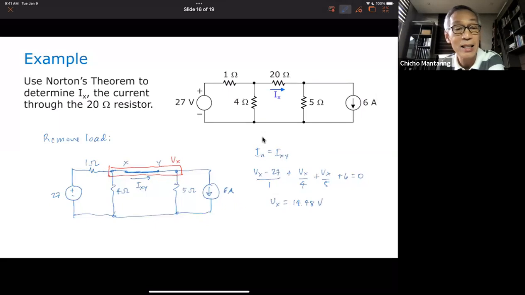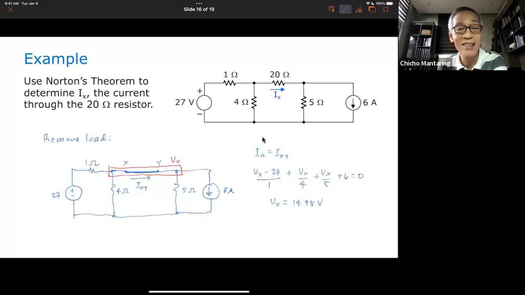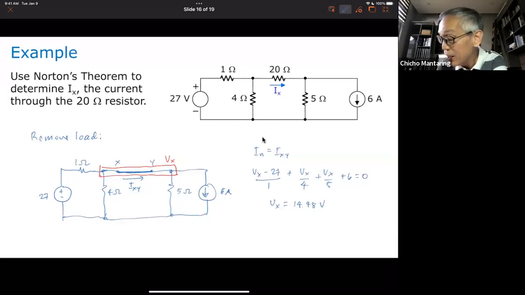Anyone? Sir, do we just add the current through the 5 ohm resistor and the 6 amperes? Yes, you can do that. In other words, you can apply KCL to this particular node. You now break it up again into two, because these are two nodes essentially.